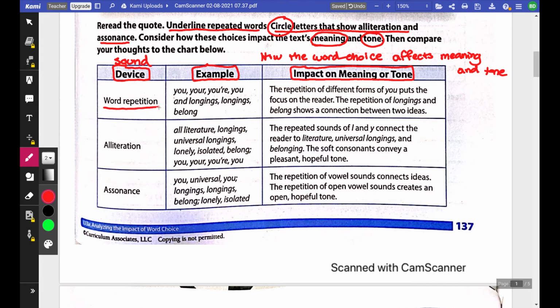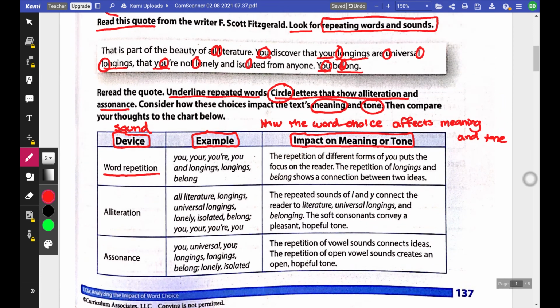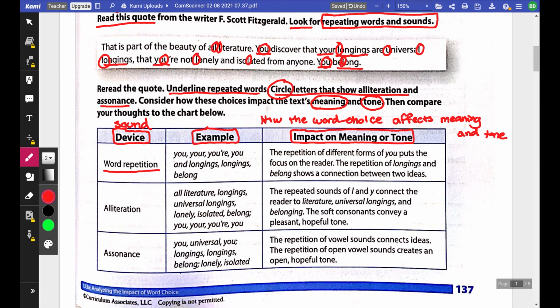Okay. It gives us some examples and we picked these out. We already knew these. We looked at them in our quote, but here they are for us. So we've got you, your, you are, you. We have you here, and then we have your, you are, and right there, you. All of those, you, your, and you, are being repeated.